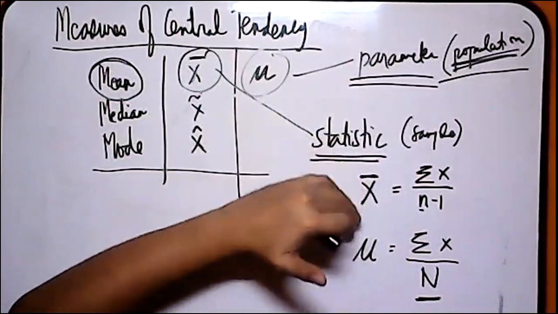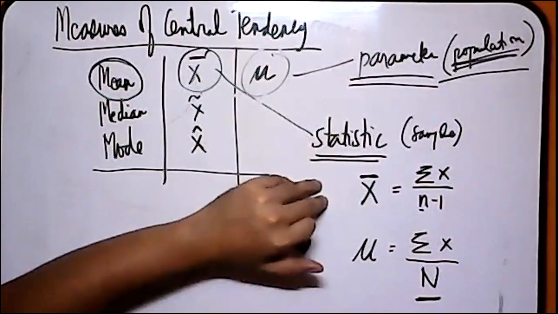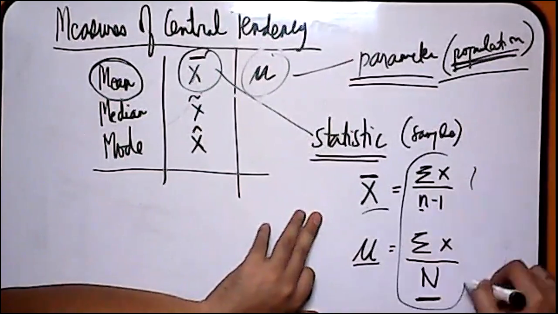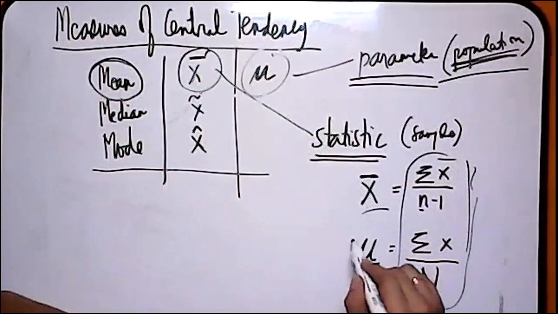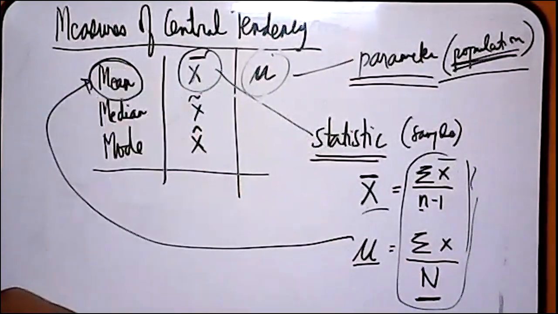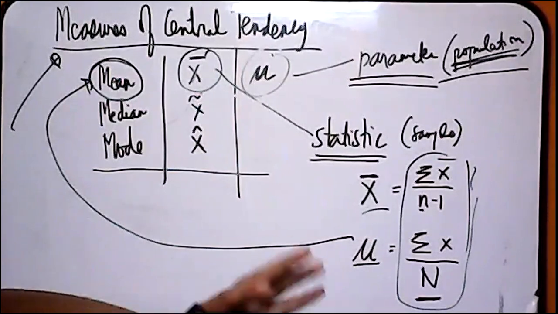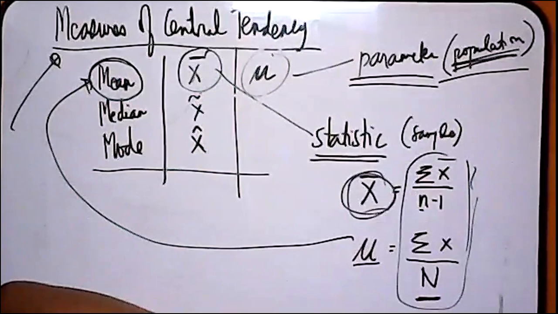However, even though they are not the same in terms of their appearance, this is X bar, this is mu, and the formulas are also different, it still refers to our mean. It still refers to our measures of central tendency.